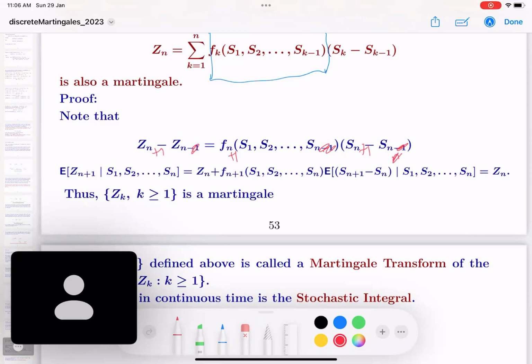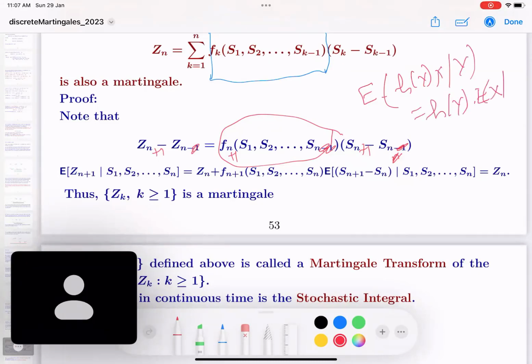So then when you take conditional expectation of Zn plus 1 given S1, S2, ..., Sn, Zn, which is already there, will come out, and this part will be observed at time n plus 1 already, so it will be taken out of the expectation. Here we are using that the expected value of h of y times x given y will be h of y times the expected value of x given y.